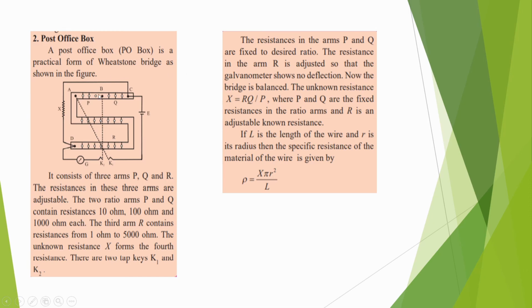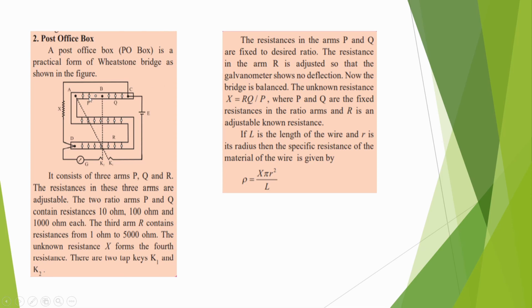We can take the resistances in P and Q in any desired ratio. The resistance R in the arm R is adjusted so that the galvanometer shows no deflection.